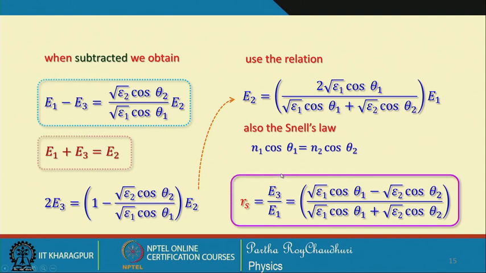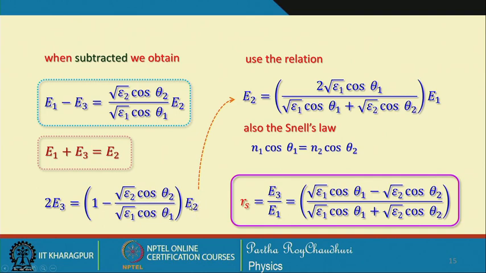And the next step is to do the other part of the manipulation, that is when you subtract these two equations. This equation is for the tangential component of the magnetic field, this is for the electric field continuity. So, if I subtract these two equations, then you will get twice E3 equal to 1 minus this quantity multiplied by E2, which gives you that. But I need a relation which will involve E3 and E1, but this is in terms of E2.